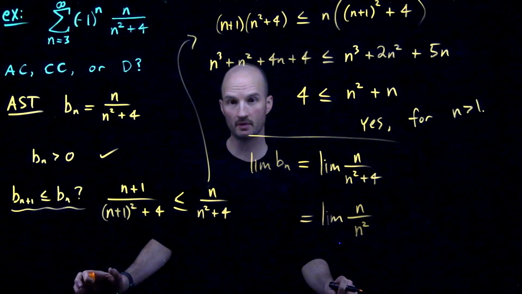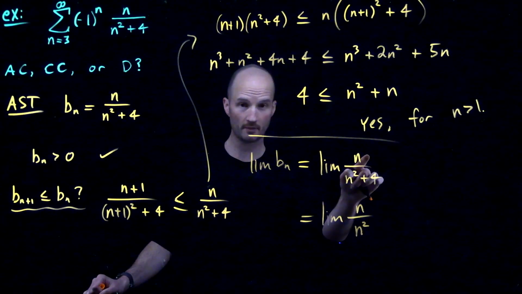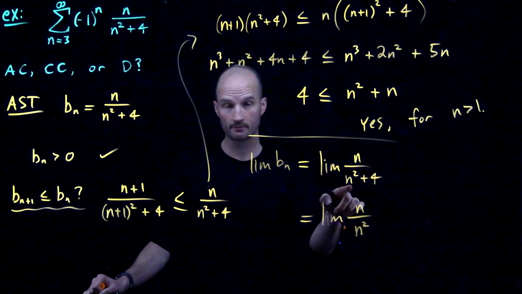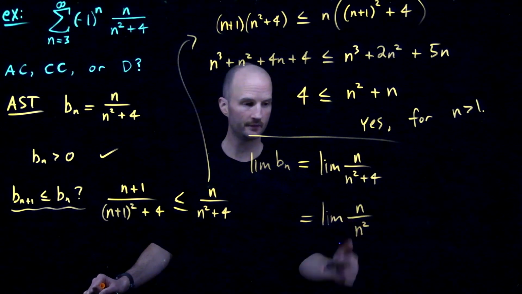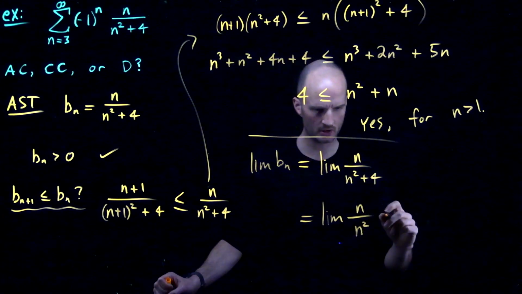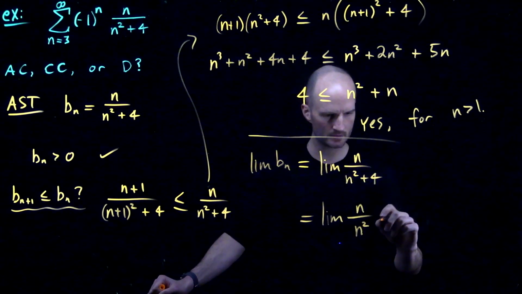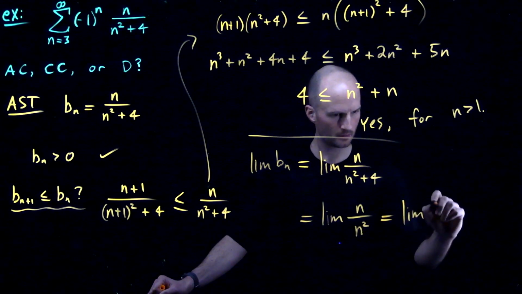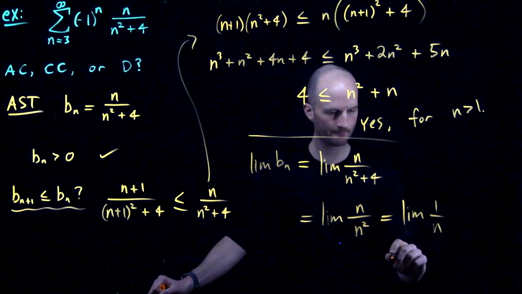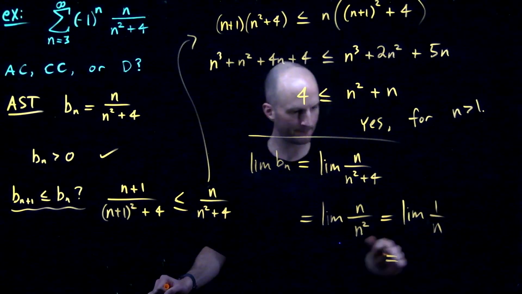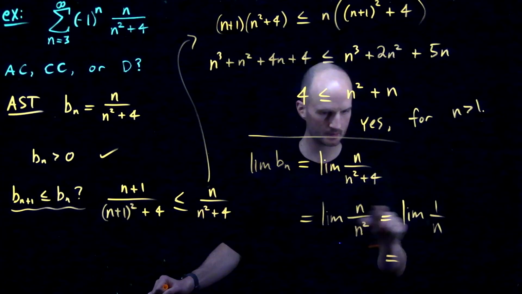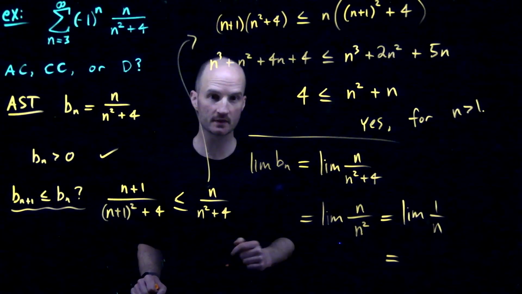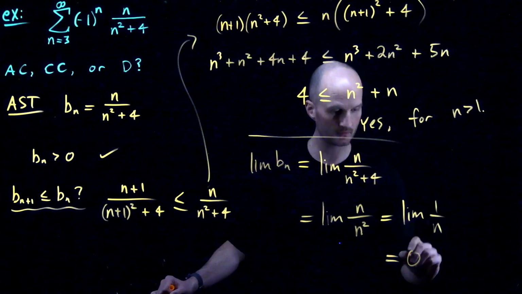Imagine n being a trillion. I have a trillion on top, I've got a trillion squared. This 4 is diminishing in importance rapidly. So now that the 4 is gone, I can simplify and I can see that this is 0.